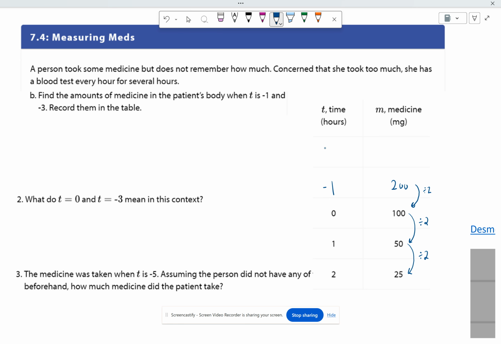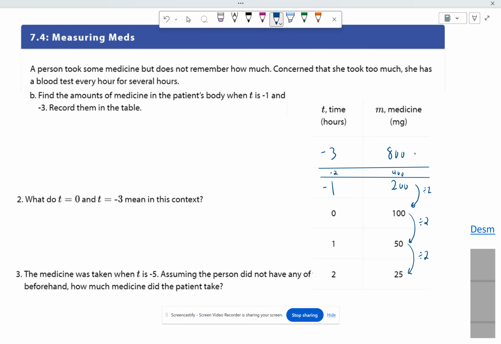Okay? And when T is -3, be careful. So an hour before, I'm just going to kind of slip this in here. An hour before that, so 2 hours earlier, half of what gives me 200, that had to have been 400. And so 3 hours earlier, half of what is 400, it has to be 800.